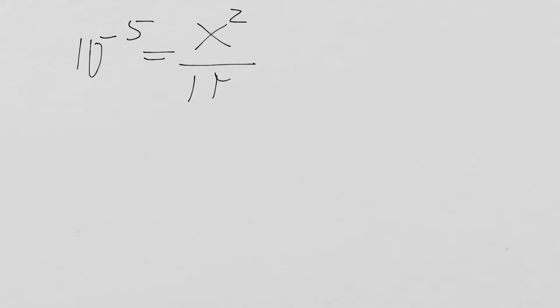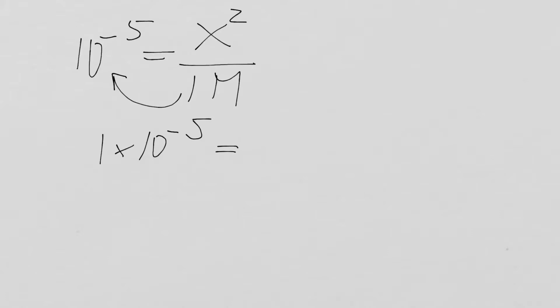Right? Are we now able to calculate X squared or X? Yeah, it's pretty straightforward, isn't it? We can just simply bring that to that side. So we have 1 times 10 to the minus 5 equals X squared.